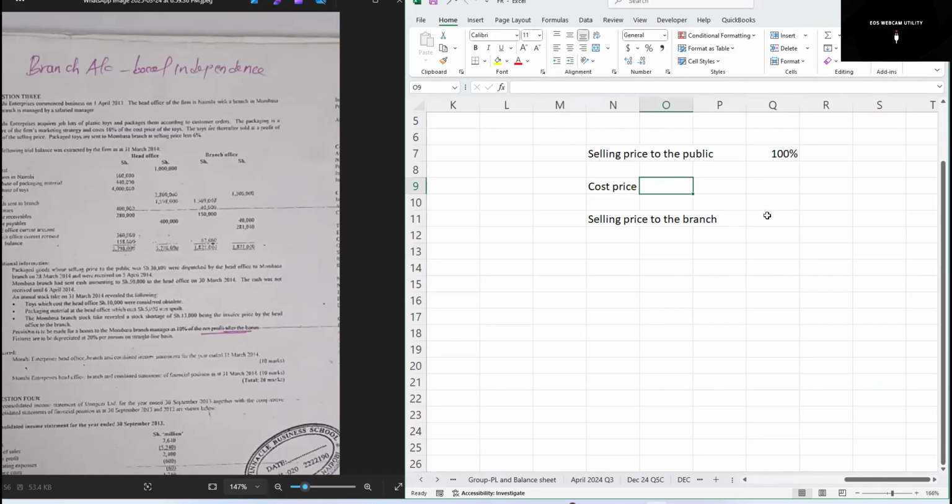So what is the cost now? If we have the profit margin and the selling price, the cost price will be 100 minus the profit margin of 12%, so our cost price will be 88%.